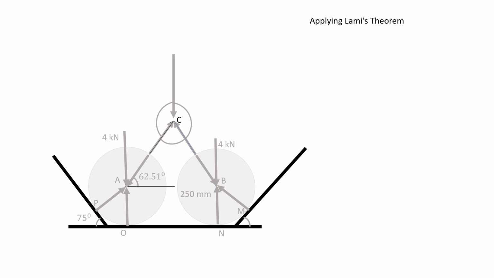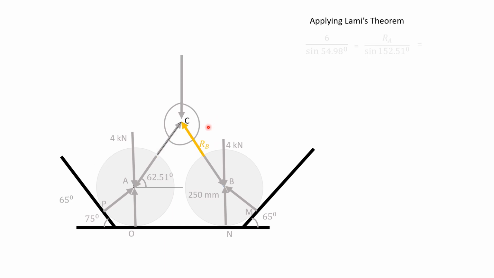Now applying Lami's theorem, 6 kilonewton by sine of the angle between the other two forces, sine of 54.98 degrees, equals this force divided by sine of 152.51 degrees, and this force divided by sine of 152.51 degrees.